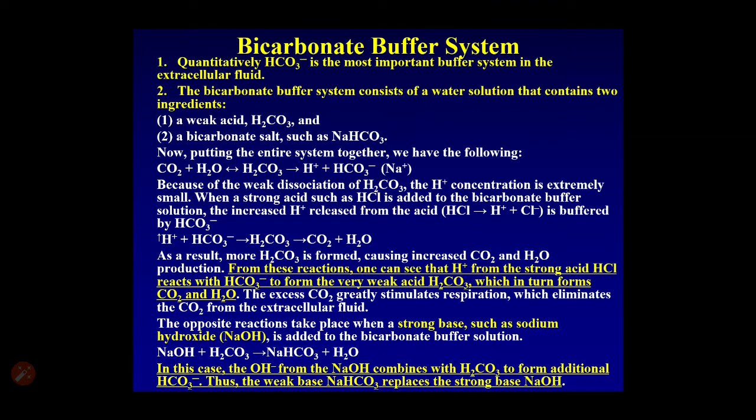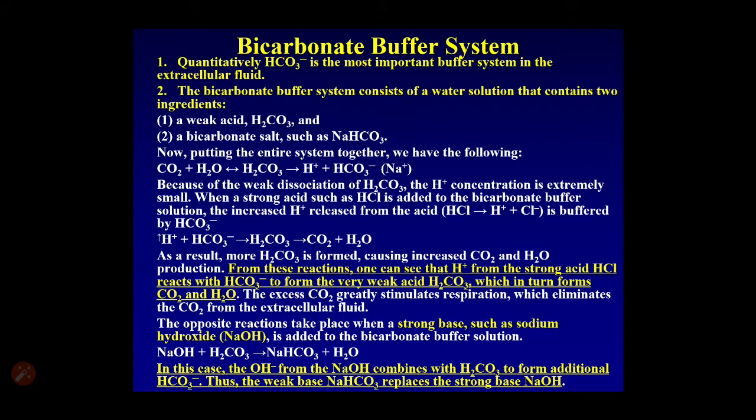However, if I have very strong acids such as HCl, that dissociates into H+ plus chloride. This H+ that came from the hydrochloric acid will react with bicarbonate to give me H2CO3, which ultimately can dissociate into CO2 plus H2O.